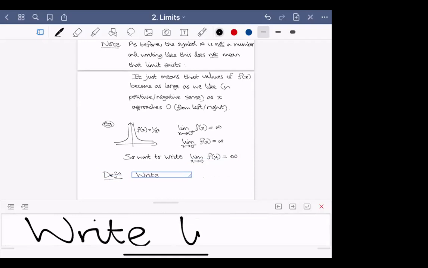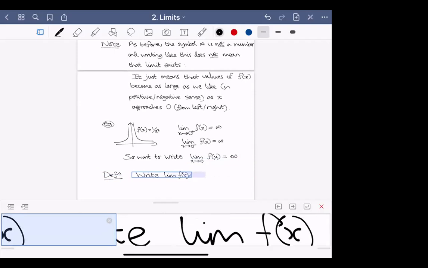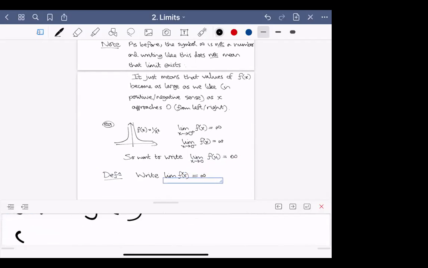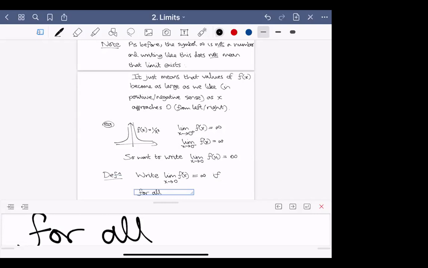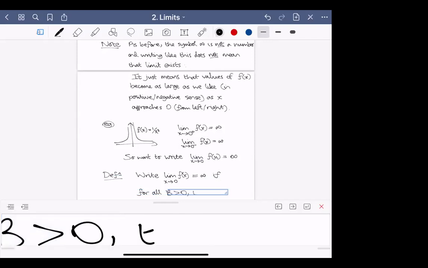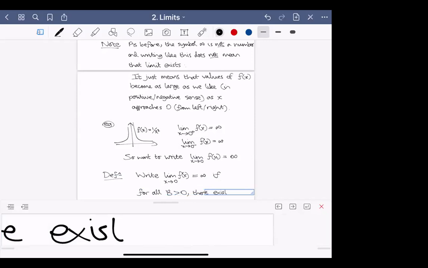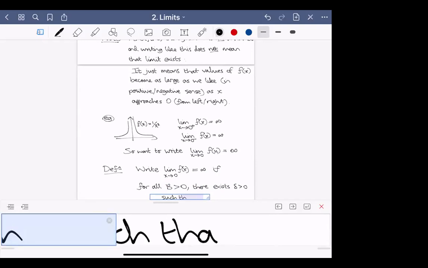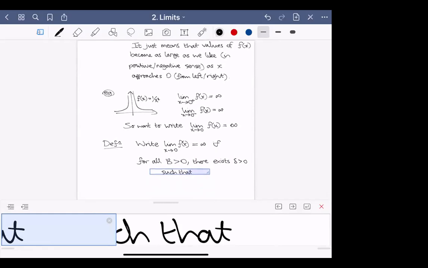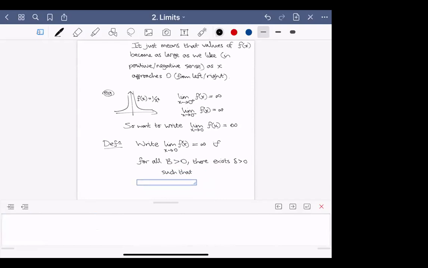So we write the limit of f(x) is infinity as x goes to 0 if for all b greater than 0, there exists delta such that if x is close to x0, so I'm taking the limit as x goes to x0.